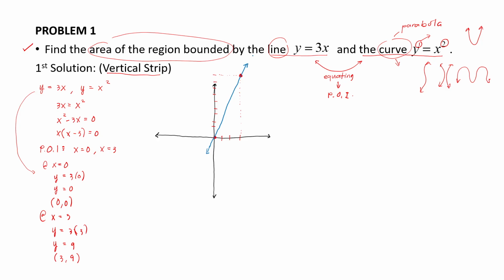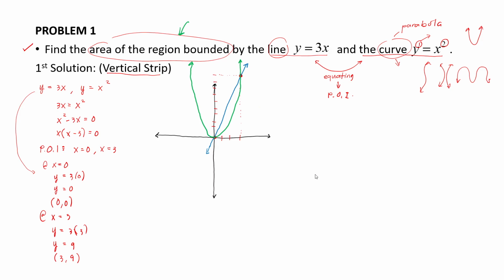Okay, so let's say this one is the line. And then again, since I know that this one is a parabola, of course, it's a two-sided parabola. But of course, we are just concerned with the area of the bounded region between the line y equals 3x and then the parabola.